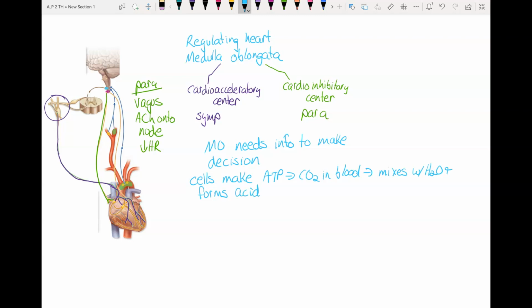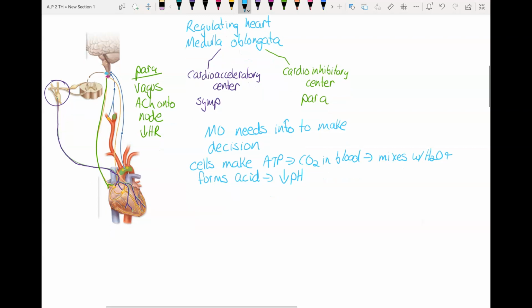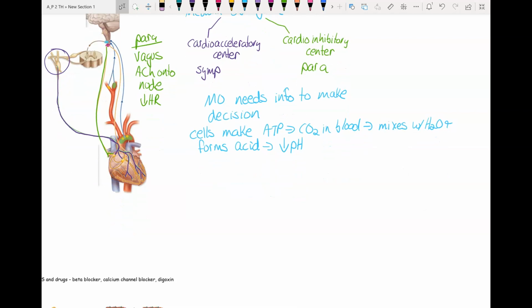Now think back to chapter 2 when you learned about pH and acids and bases. If you form acid, this will reduce your pH. Now also think back to early last semester. You have to keep your blood pH at 7.4.